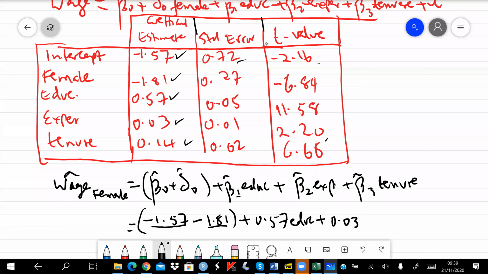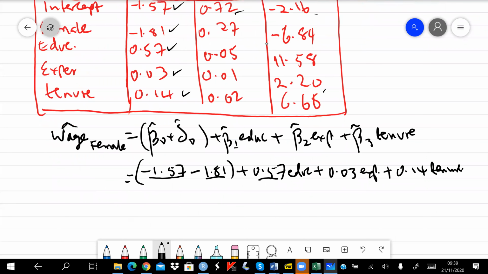Then this is your beta 1, beta 2 is here, 0.3 over experience, plus 0.14 of the tenure. So you have such a model. You can leave it like that for the sake of illustration, wage for females. But you can combine this and get the value here, which is minus 1.57 minus 1.81.